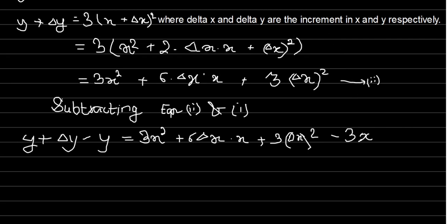Now the plus 3x square and minus 3x square cancel out, and y and minus y cancel out.